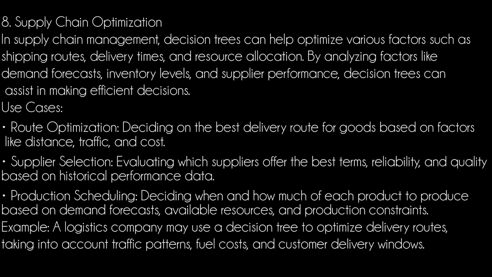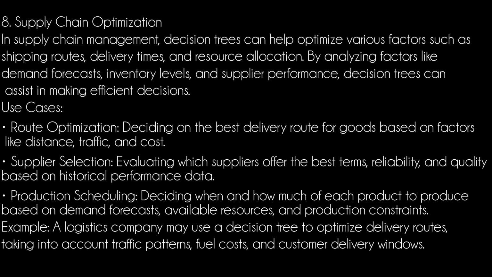Use cases: route optimization, deciding on the best delivery route for goods based on factors like distance, traffic, and cost. Supplier selection, evaluating which suppliers offer the best terms, reliability, and quality based on historical performance data.